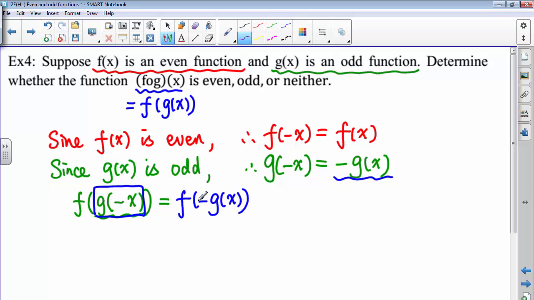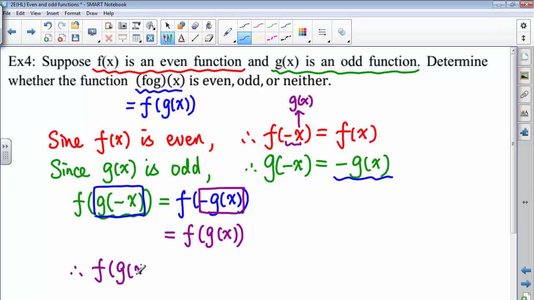And this one becomes f of negative something, negative g of x. This negative just becomes g of x, and this f function is even, so the negative is gone. It's just f of g of x, which means f of g of negative x is the same as f of g of x. So far, we can see this composite function is an even function.